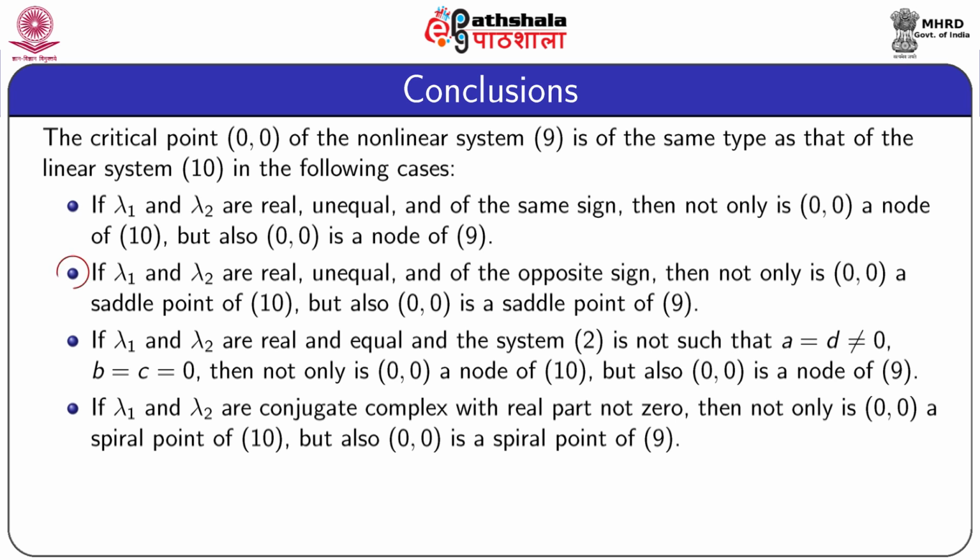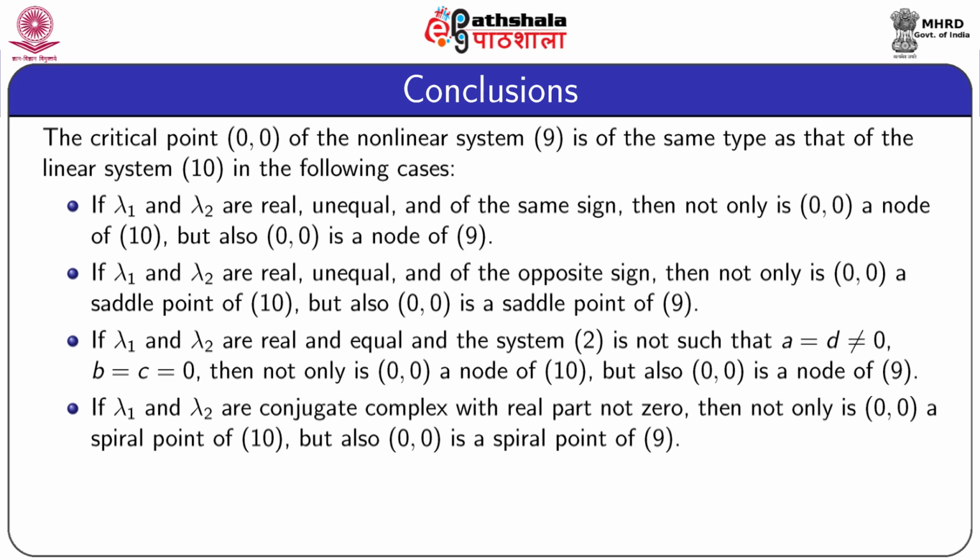If lambda 1 and lambda 2 are real, unequal and of opposite sign, then not only is (0,0) a saddle point of the linear system 10, but also a saddle point of the nonlinear system 9.